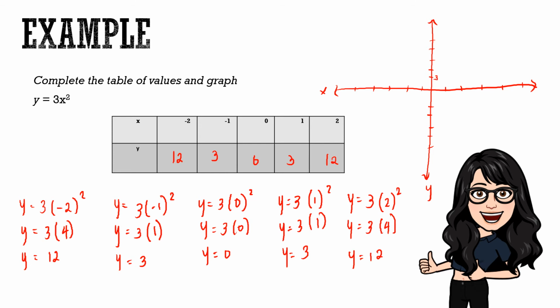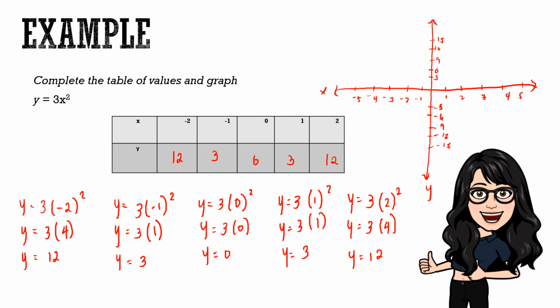So this is 3, 6, 9, 12, 15. Then let's have 1, 2, 3, 4, and 5. Negative 1, negative 2, negative 3, negative 4, negative 5. And this one is negative 3, negative 6, negative 9, negative 12, negative 15.